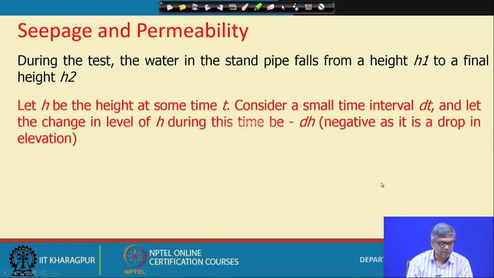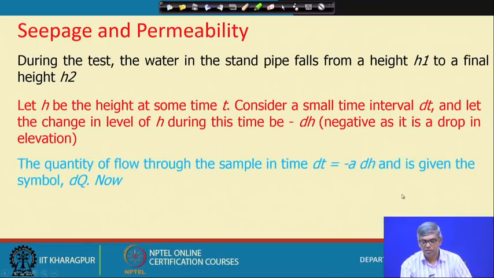You can see that during the test, the water in the standpipe falls from the height H1 to the final height H2. Let H be the height at some time t. Consider a small time interval dt, and let the change in level H during this time be minus dH. Why minus? We are taking negative, as it is a drop in elevation.